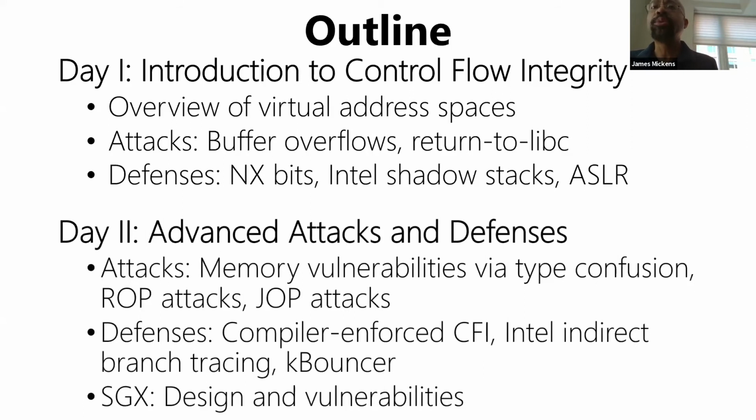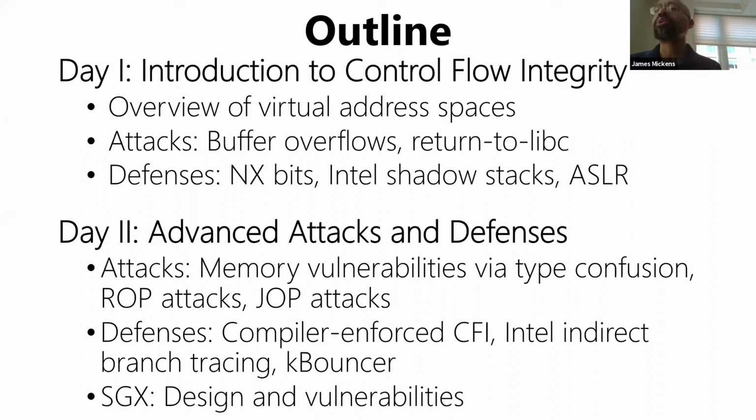And then on day two, we're going to get into some more advanced attacks and defenses. We're going to look at memory vulnerability attacks. These things are often launched via a particular type of exploit called type confusion. These memory vulnerabilities then enable some more tricky to defend against attacks like return-oriented programming, often abbreviated as ROP, and then jump-oriented programming, often abbreviated as JOP.